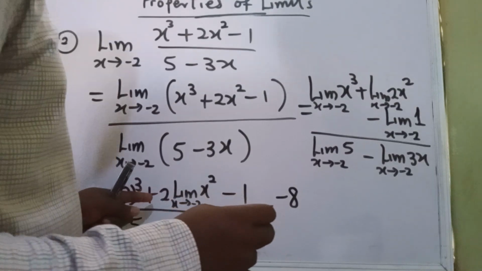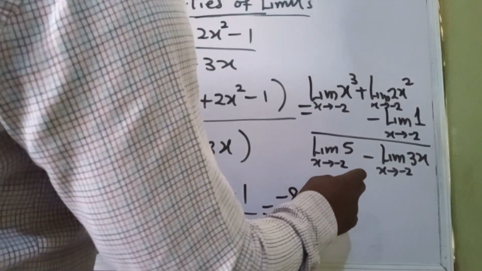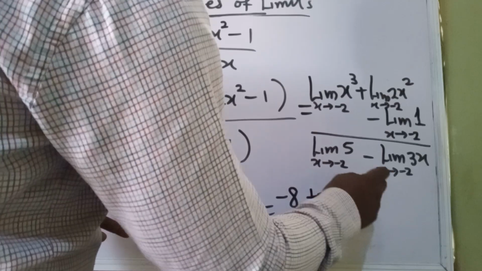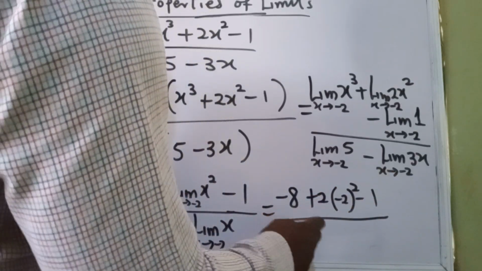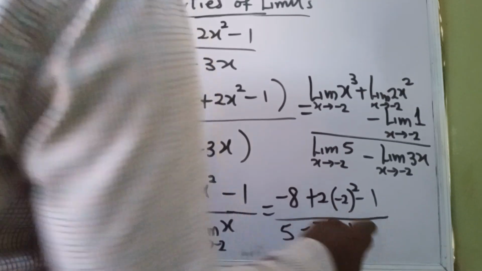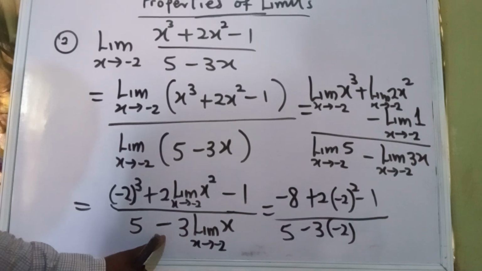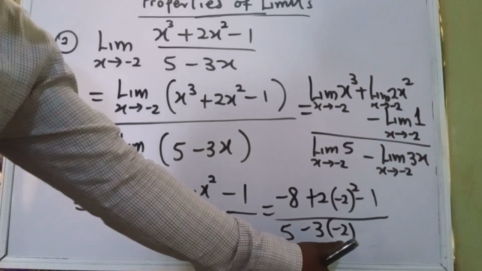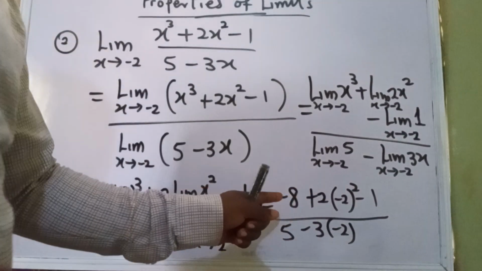Okay, so plus 2 into negative 2 square minus 1. So everything here will be 5 into this. The denominator here is 5 minus 3 into negative 2. So here we can compute this directly.